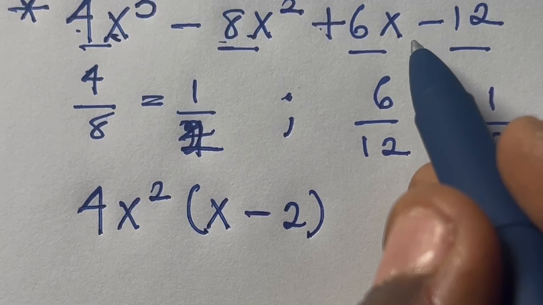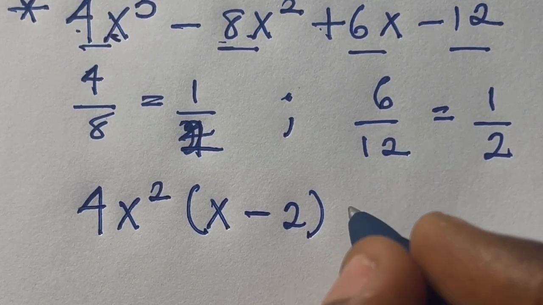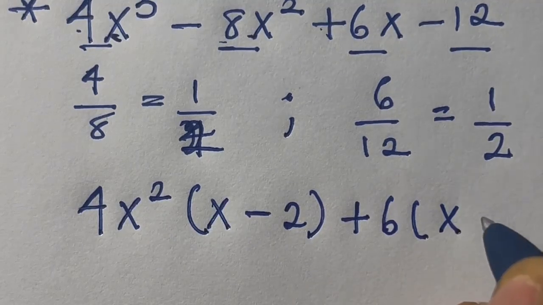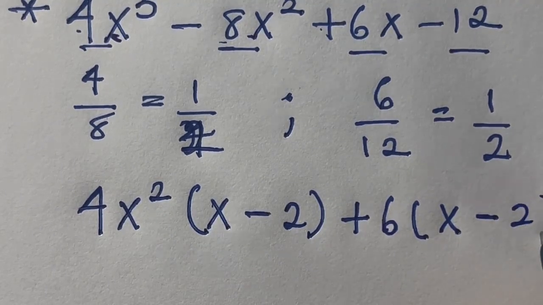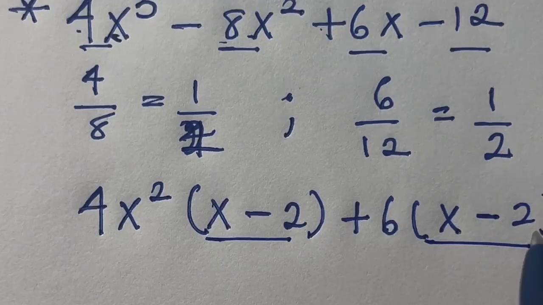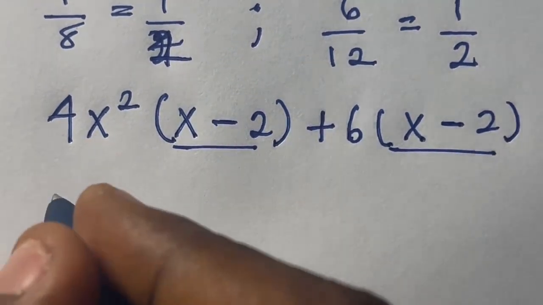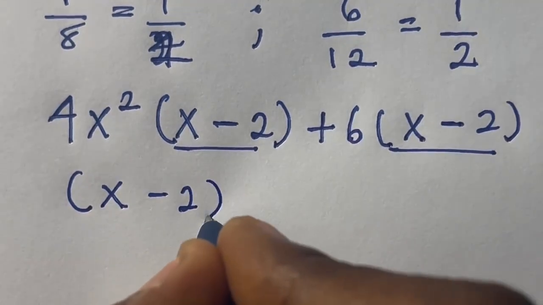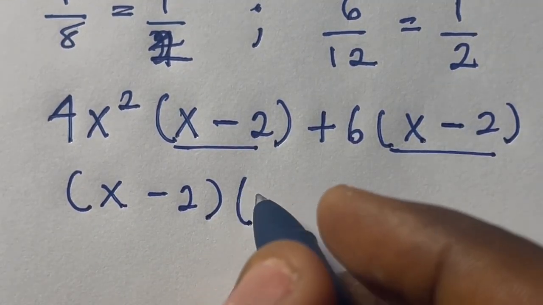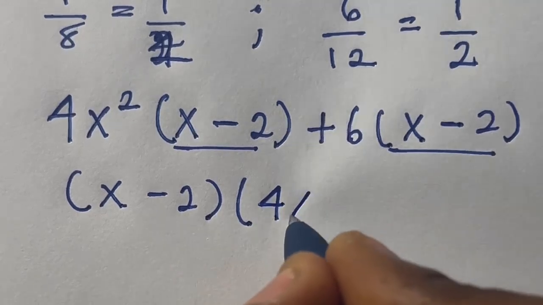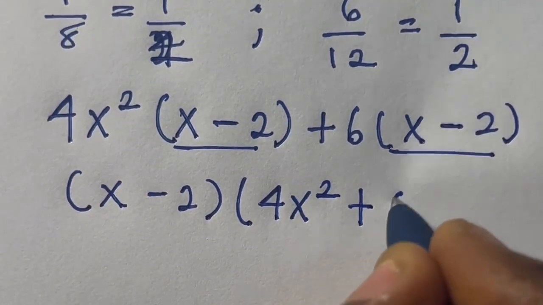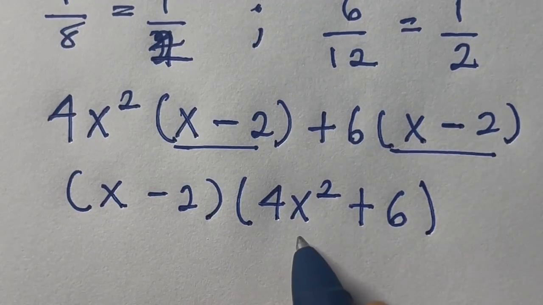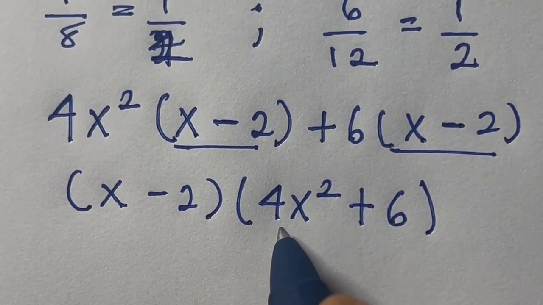Also here the GCF is 6, so what will be left here is x minus 2. Again, you see this and this are the same, so you take one. We will have x minus 2 multiplied by 4x squared plus 6.